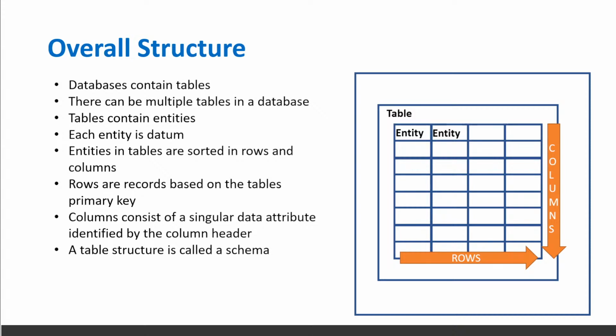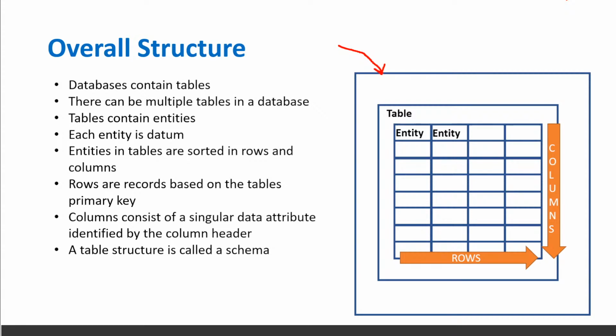We have this idea of the overall structure of our database. The database itself is the overarching structure, right? So if we look at our little drawing that we have here, this outside box kind of represents our database itself.